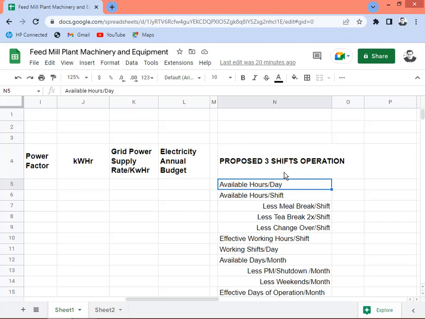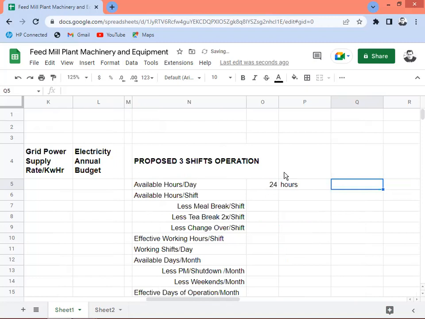So available hours per day would be 24 hours. I'm going to include the hours here. Then available hours per shift would be 8 hours.